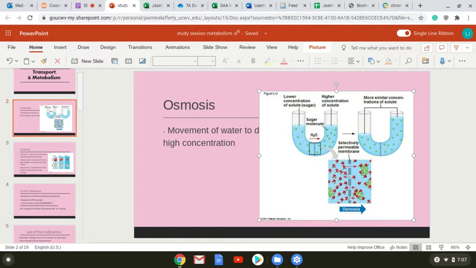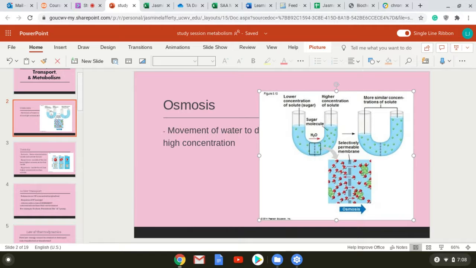But remember that these molecules are too big to fit through this little semi-permeable membrane. So what is going to happen is the water is going to move to dilute the higher concentration of the solute. You can also think of it as the water moves down its concentration gradient.